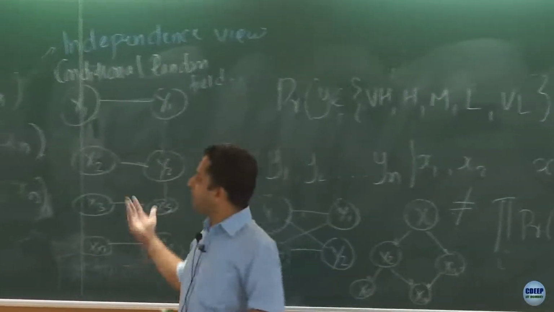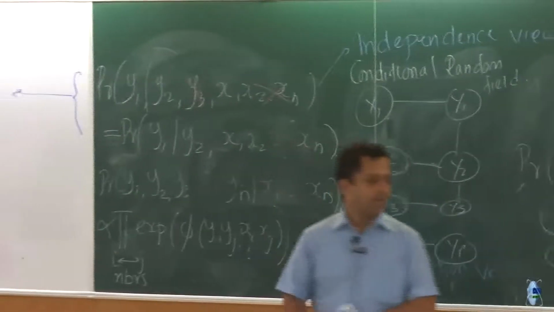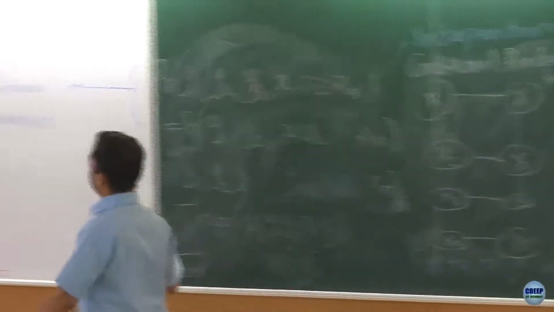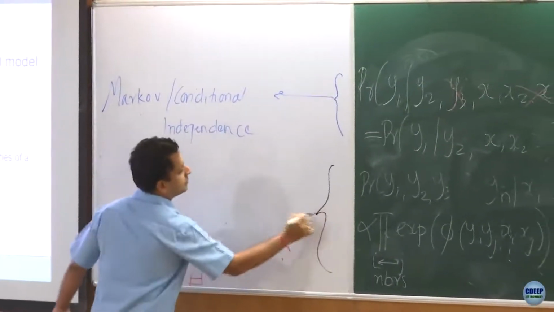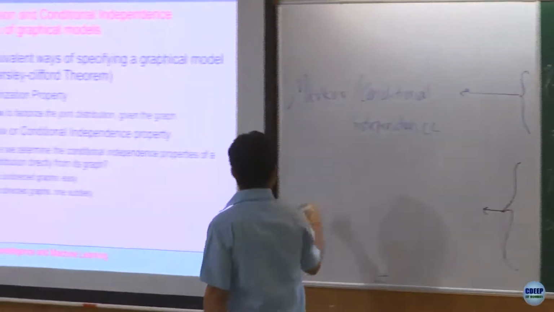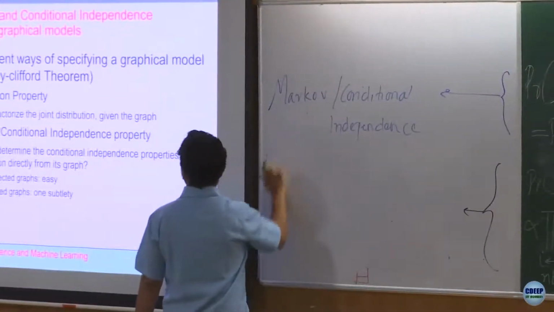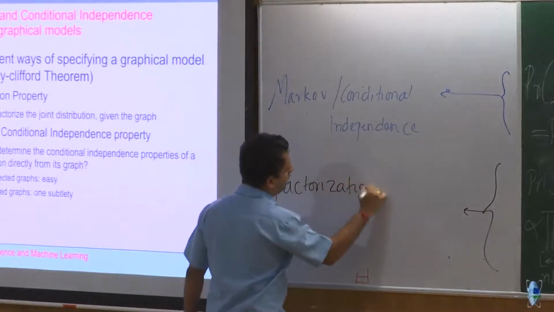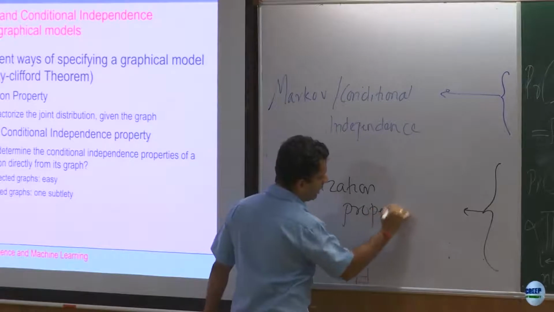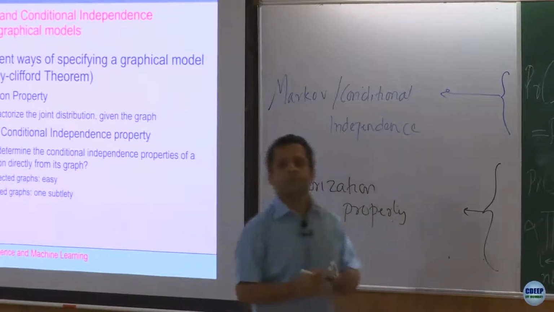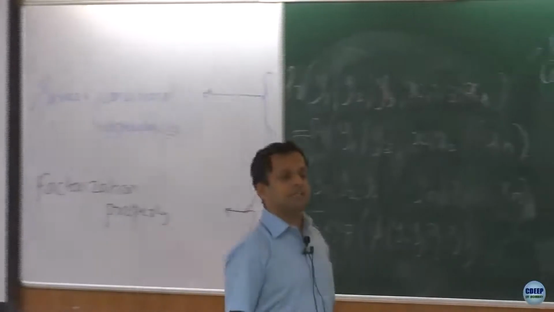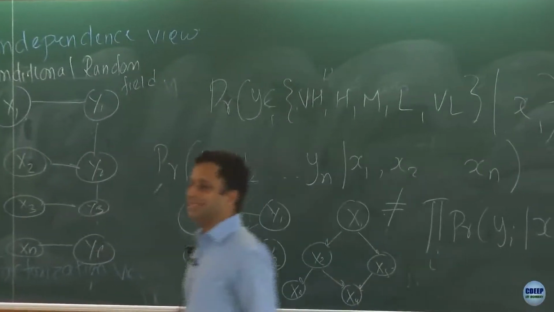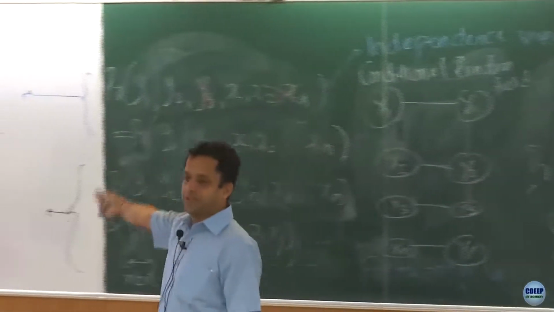On the other hand, another way of specifying directed graphical models or undirected graphical models for that matter is through what I specified. It's called the factorization property. Now what makes graphical models a very interesting discipline is some sort of equivalence between these two specifications.